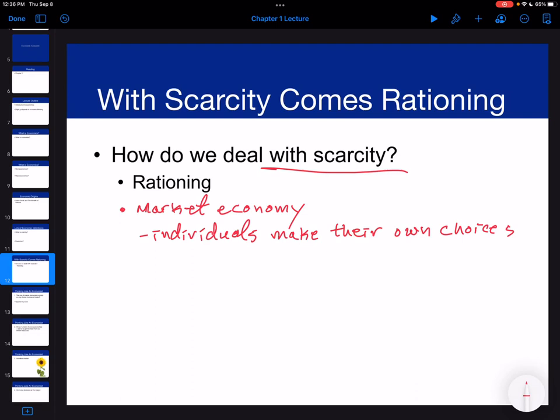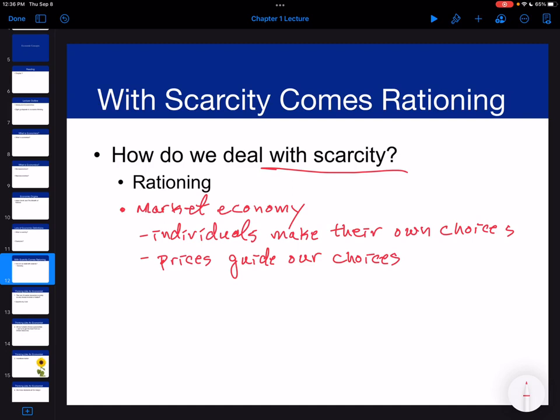Now, okay, that's fine. We get to make our own choices. And the way we figure out who gets what is we use prices. So, prices guide our choices. The primary thing that keeps me from buying a yacht is the very high price. I don't have enough resources to afford a yacht, right? So that's how we figure out who gets what.